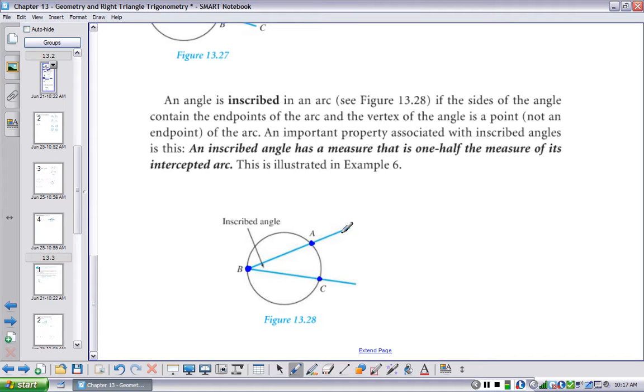Now notice these lines go on out, but this is called an inscribed angle. And this is very important. An inscribed angle has a measure that is 1/2 the measure of the arc. So if you know the measure of this arc, take half of it and you'll have that angle. Or if you know the measure of that angle, double it and you will have the measure of that arc.